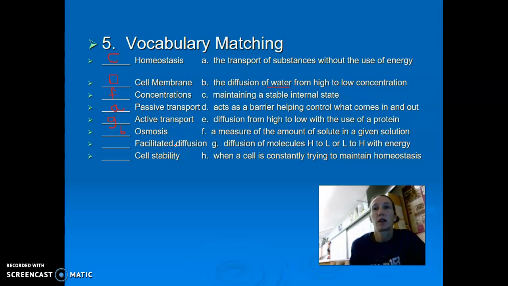Okay, facilitated diffusion. So remember, that's passive transport and it requires proteins. So let's see where that one is. Diffusion from high to low with the use of a protein. Perfect. And cell stability, when a cell is constantly trying to maintain homeostasis.